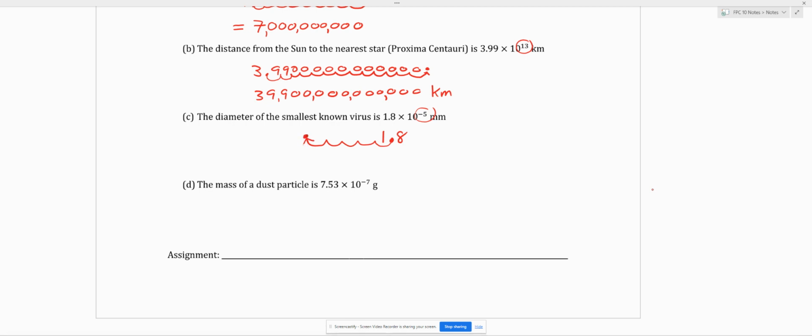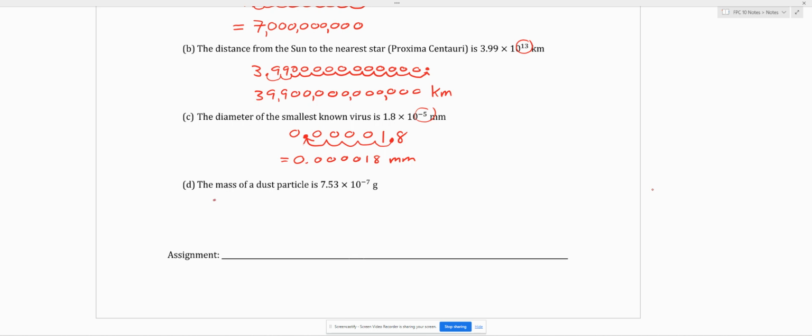We rewrite our decimal and fill in all of our missing zeros. And let's rewrite it. So 0.000018. So we've moved the decimal 5 to the left, and here's the actual number, in millimeters, of the diameter of the smallest known virus.